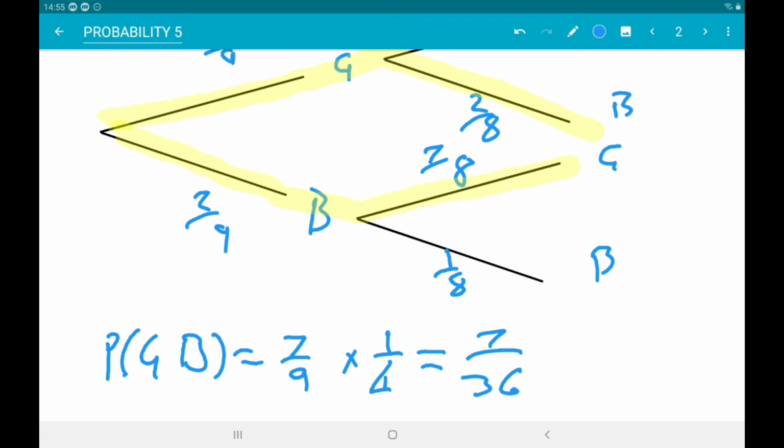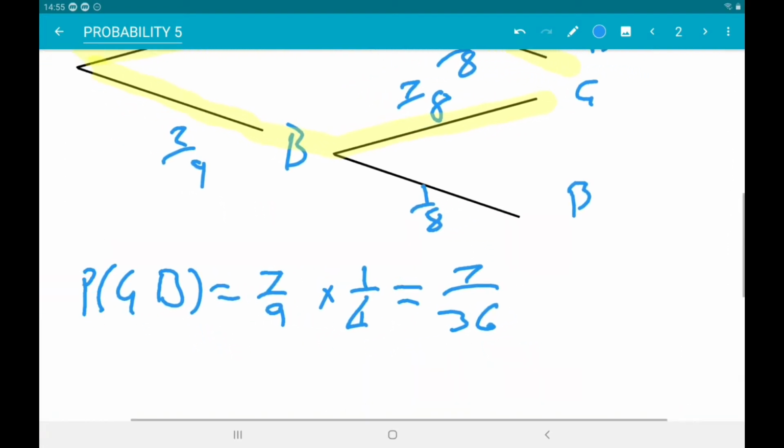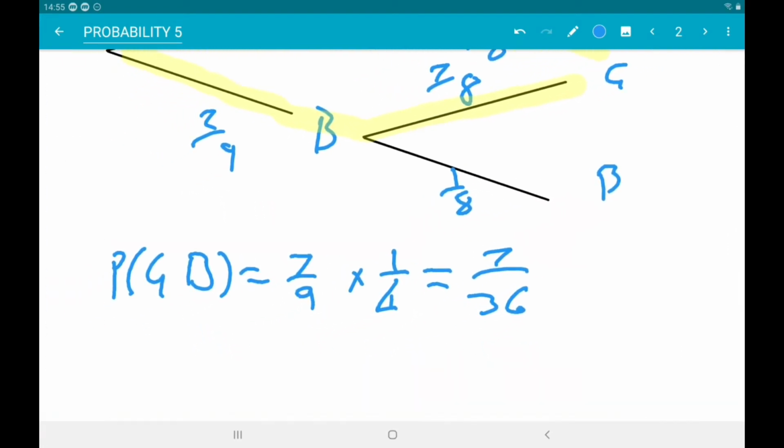Or blue and then green, that's 2 ninths times 7 eighths.